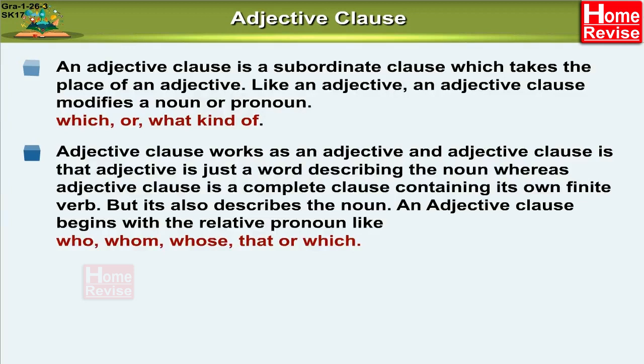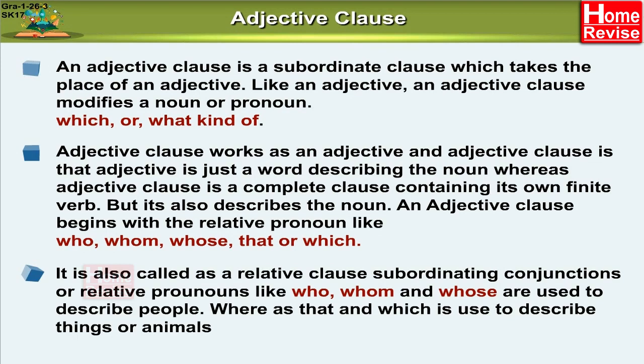Remember, children, an adjective clause begins with relative pronouns like who, whom, whose, that, or which. Hence, it is also called a relative clause. Please remember, relative pronouns like who, whom, and whose are used to describe people, whereas that and which are used to describe things or animals.